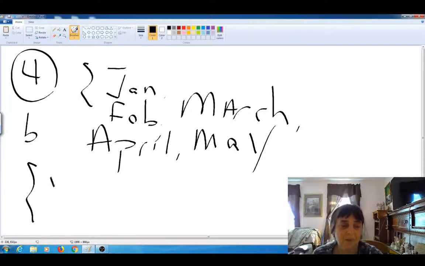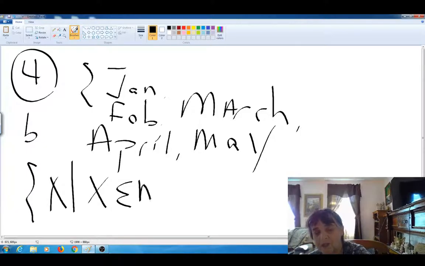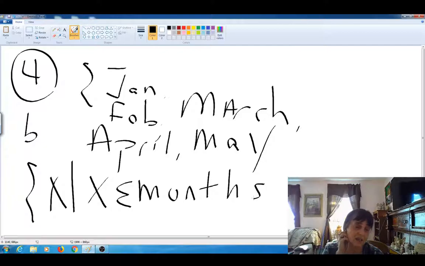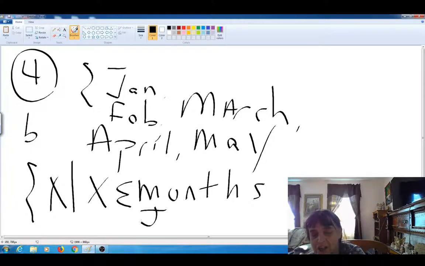Okay, the set of elements x, such that x is an element of the months, and it only goes through January through May.